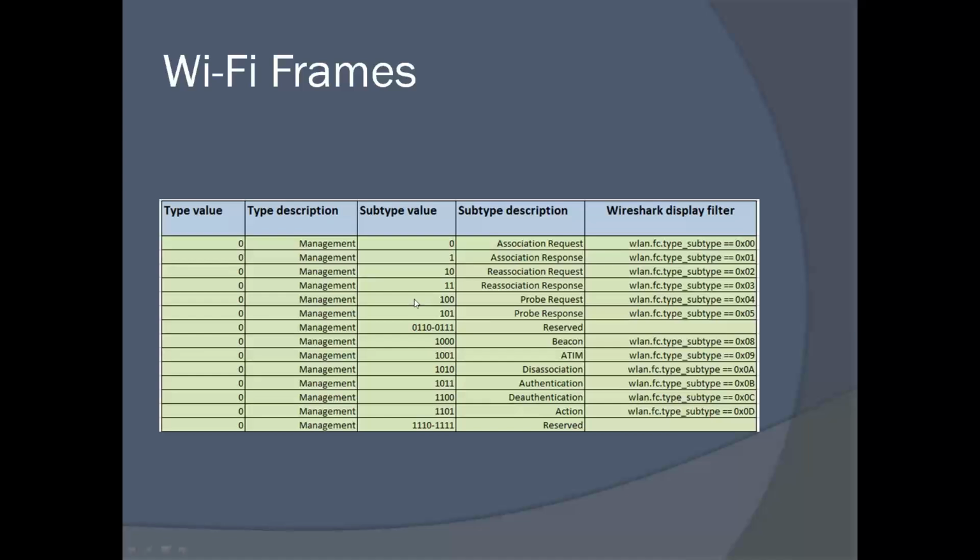So we're going to use some basic Scapy and Python to build our own Wi-Fi scanner. And you can see here, these are the Wi-Fi frames, right? And some of these frames are particularly useful to us.